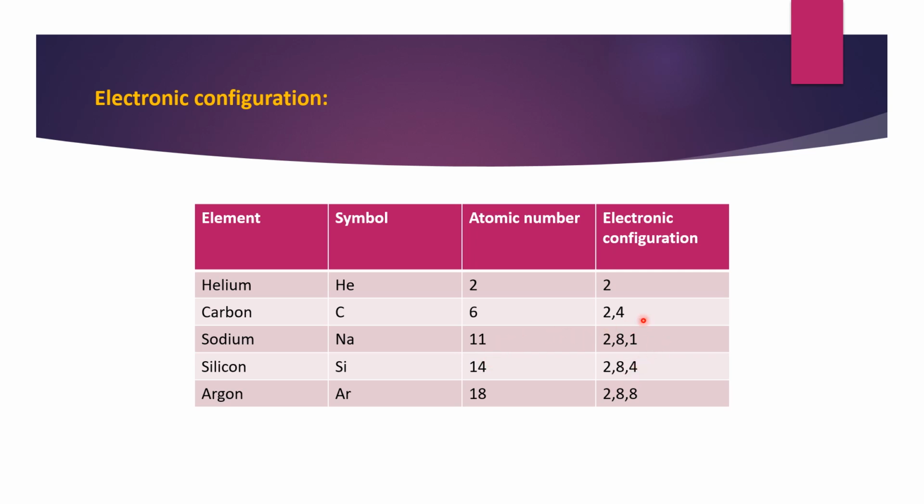Can I put 9 in the second shell? No, the second shell has a maximum capacity of 8 electrons. So I have put 8 here, and 2 plus 8 is equal to 10. One more is remaining, so that one can be given in the third orbit, right? Like that, there are silicon and argon. You can just revise them on your own.